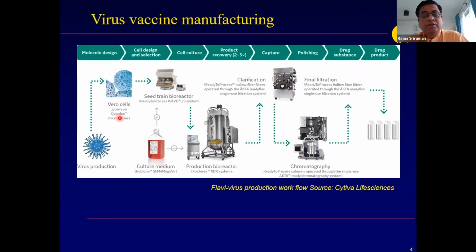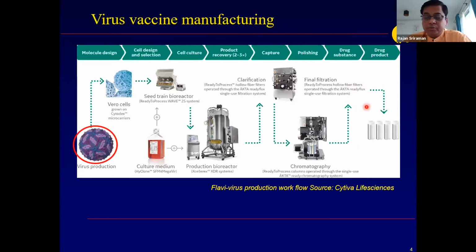So there is a cell-specific virus production cycle. You start infecting the cell through a manufacturing seed trail. You undergo chromatography and purification, and sometimes you may have to freeze dry, depending on if this is a lyophilized vaccine. And final filtration is what is mentioned.